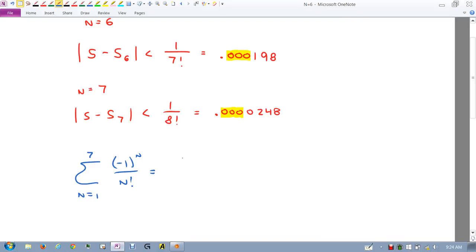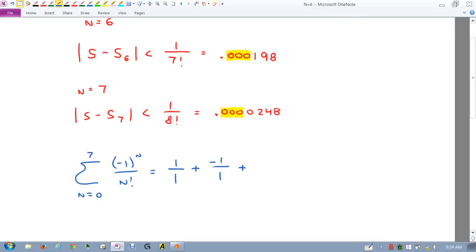Oh wait, did I start at 0? Yes, okay, start at 0, apologize. So what's the first term? Plug in 0. -1 to the 0 is 1, 0 factorial is 1. Then plus, plug in 1, you get -1 over 1 factorial, which is 1.